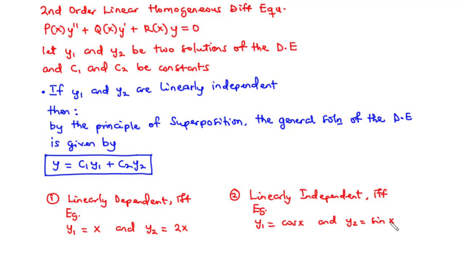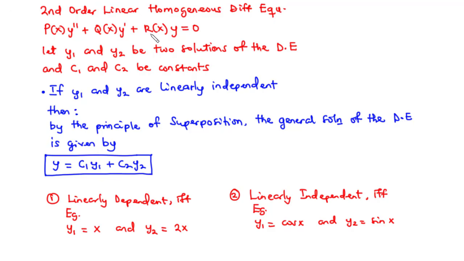These two functions are not linearly dependent. They are linearly independent. That is, there is no way you can multiply cos x by any constant, be it 1, 2, 3, -1, and so on, to arrive at sin x. So y1 and y2 here are linearly independent functions.